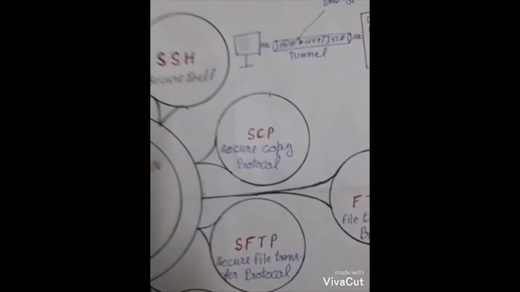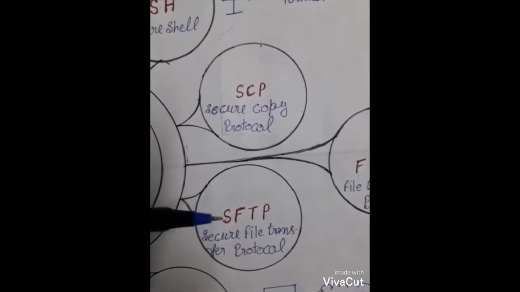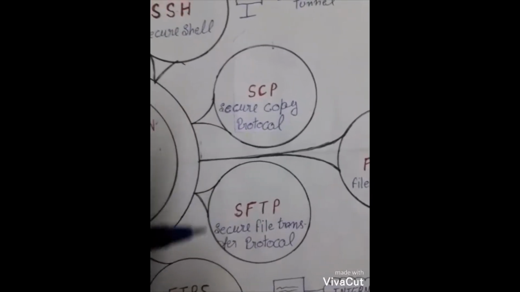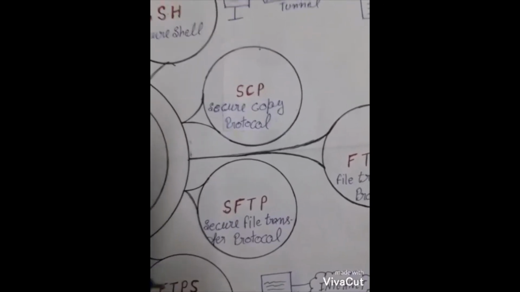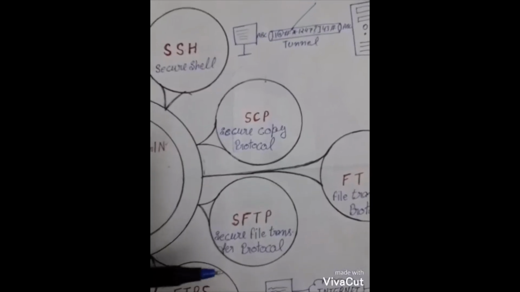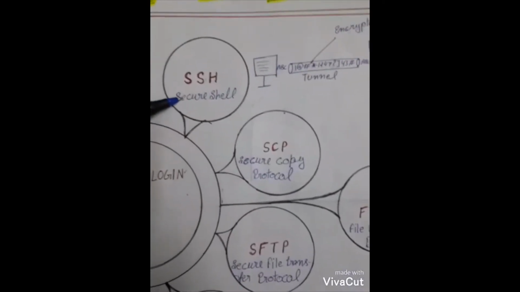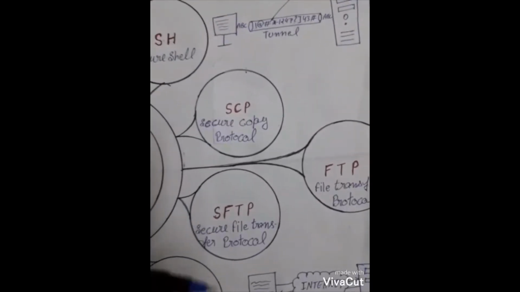Secure File Transfer is a secure version of file transfer protocol which facilitates data access and data transfer over a secure shell data stream. So it is a part of the SSH protocol. This is also known as SSH transfer protocols.